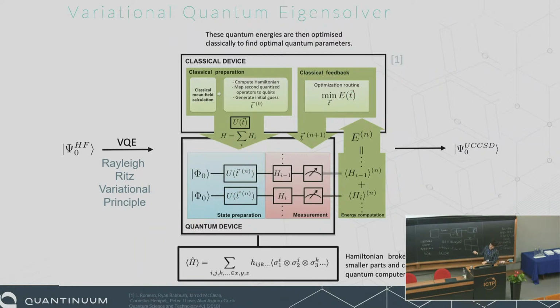And the key point here is that you have this measurement of Paulis at each step, and you're summing over each term in the Hamiltonian. Okay, so you just change the parameters in your ansatz until your energy gets to a minimum.